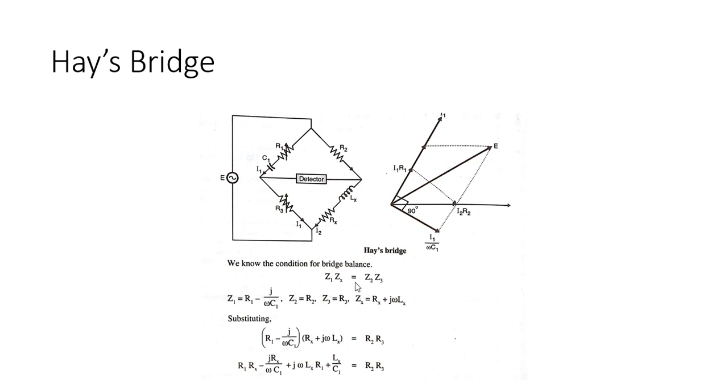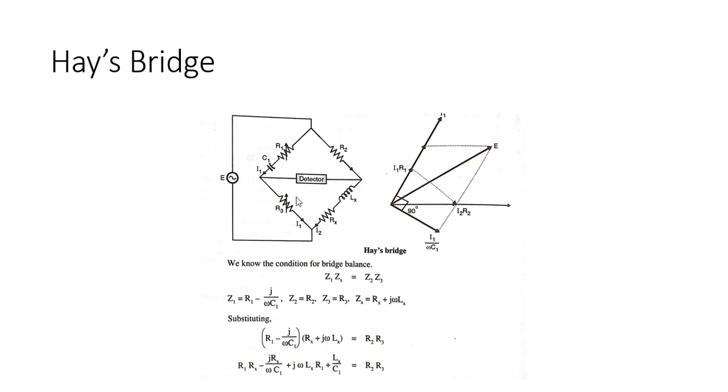If you calculate Z1, here a resistance will be there, because this is a pure resistor, and the impedance of the capacitor will be there, so it will be minus J divided by omega C1. This is the standard formula. Similarly, Z2 has only a resistance, with no inductive or capacitive part, so Z2 is equal to R2.